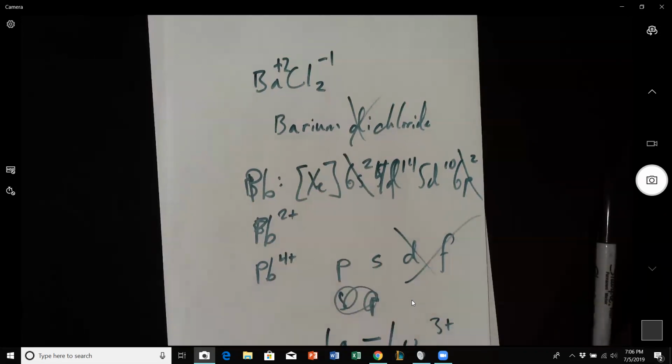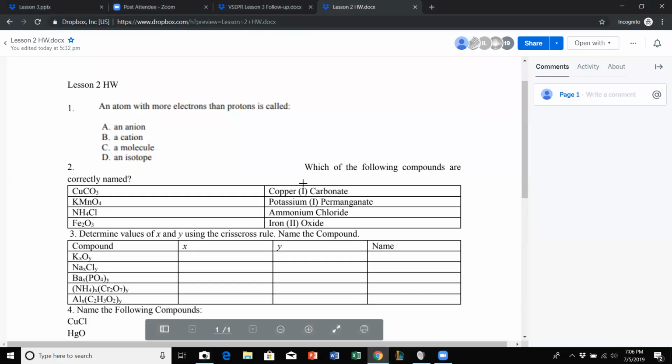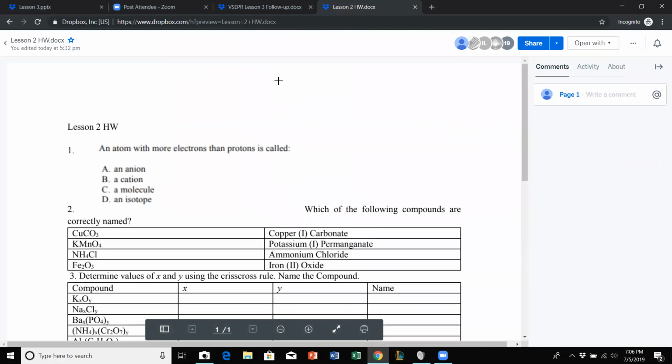And actinide chemistry, the bottom row of the f block from actinium to something like fermium, is very complicated, so you don't need to know about that. Okay, with that out of the way, I think you did well on the homework.